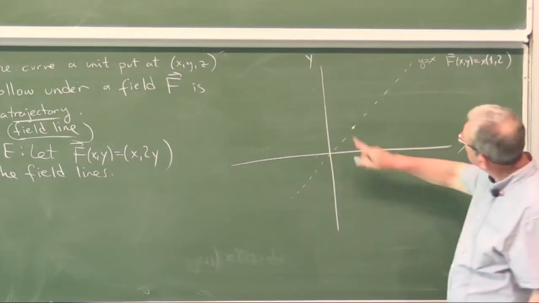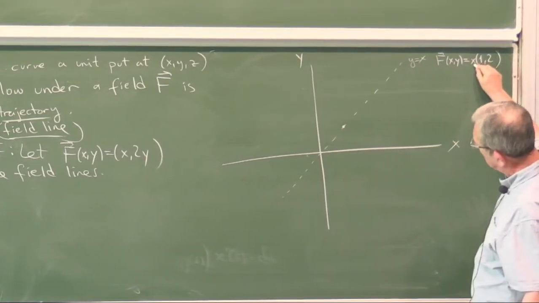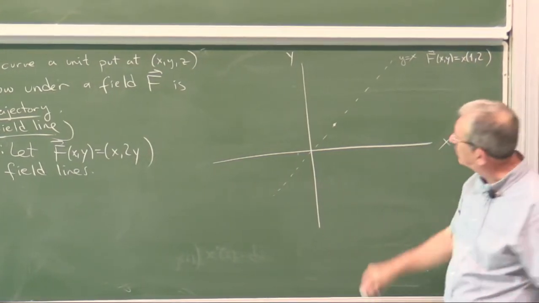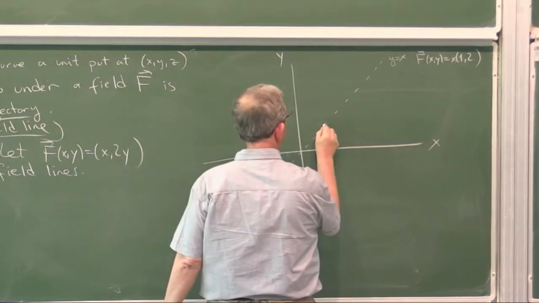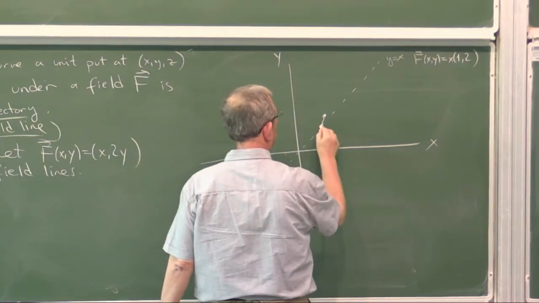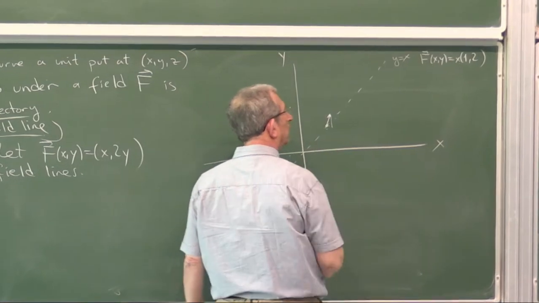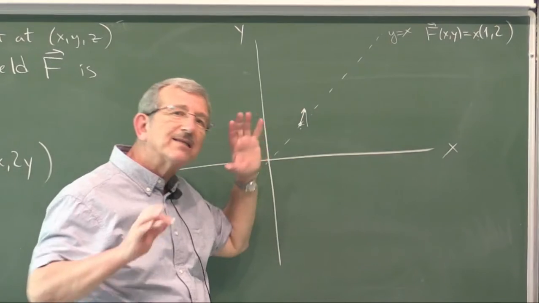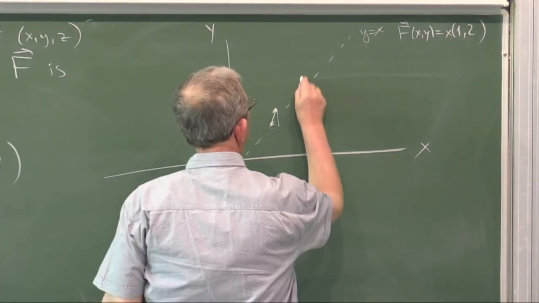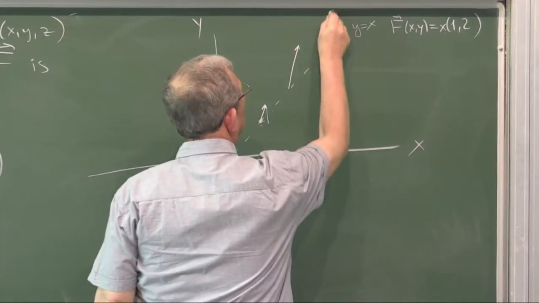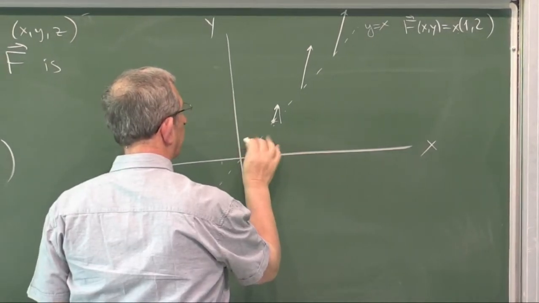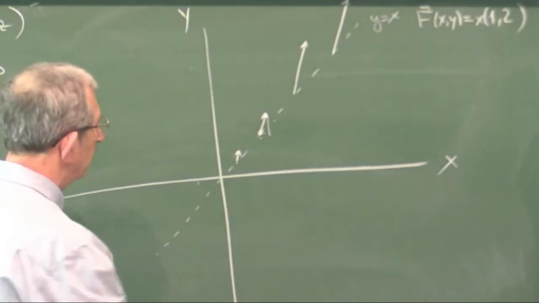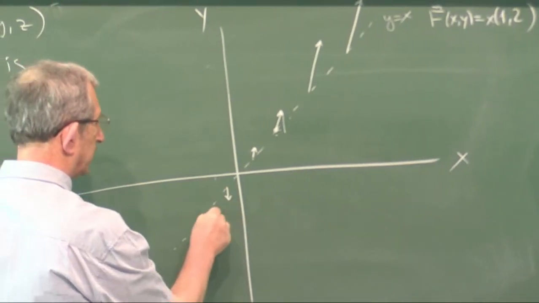Well, for this positive x, and depending on x, it will be in the direction of (1, 2), which means, of course, that it will be something like this. But if x gets larger, this force acting on it will be larger. And if x is smaller, it will be smaller. On the other hand, if x is negative, of course, you will have the opposite case.